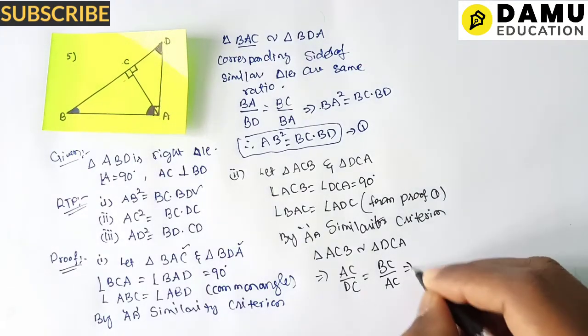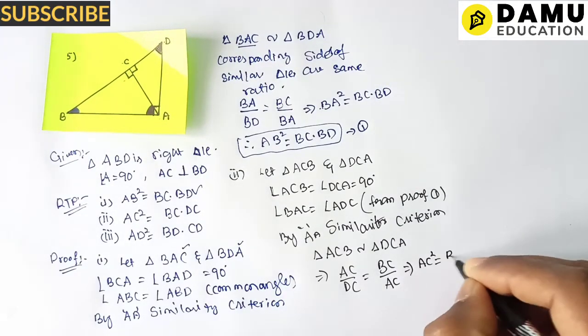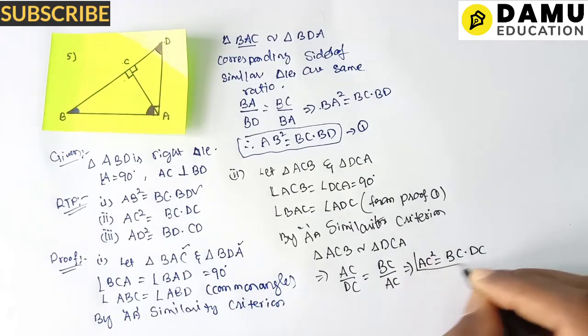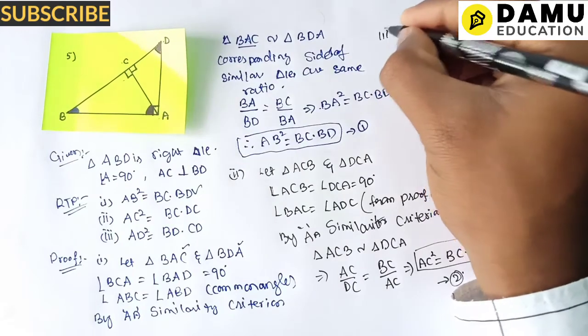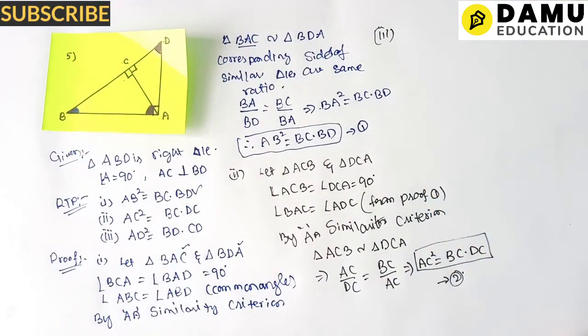That implies AC square will be equal to BC into DC. Hence it is proved, the second one.